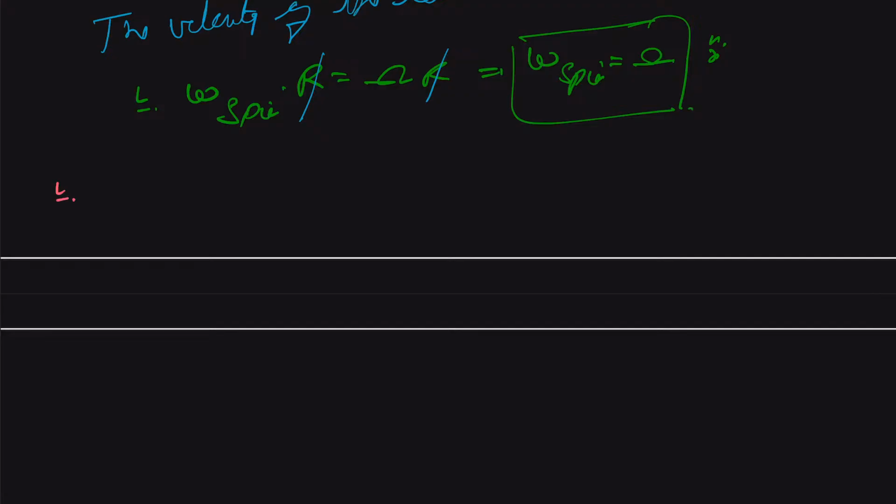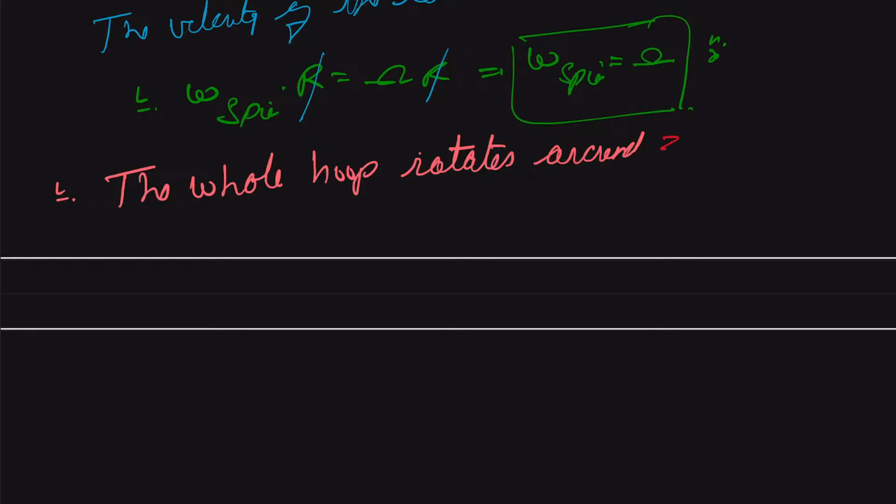We are also given that the whole hoop rotates around the z-axis and the velocity is omega, and it will be our z unit vector.